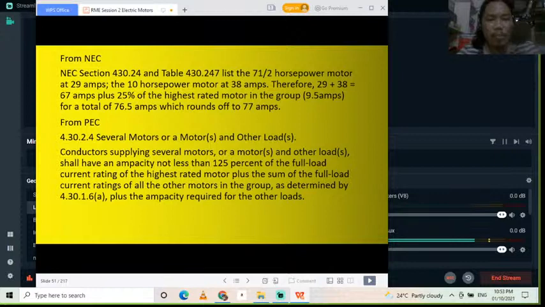So, pagsasama-samahin natin yung mga motor plus isasama natin yung pinakamataas pero i-multiply natin ng 125%.